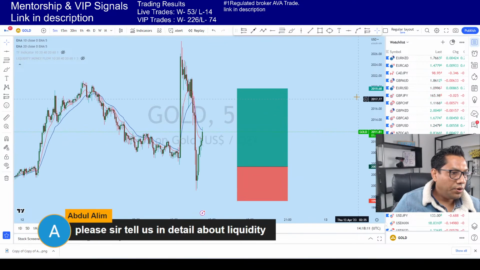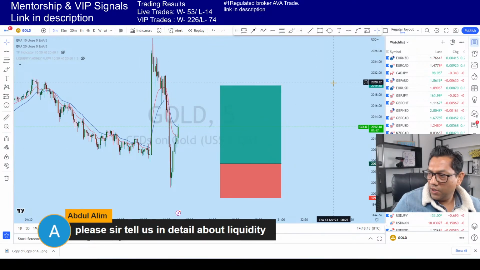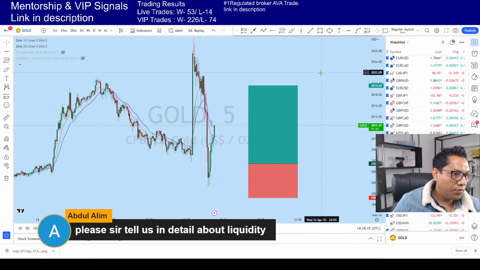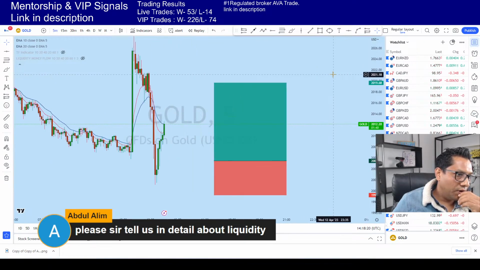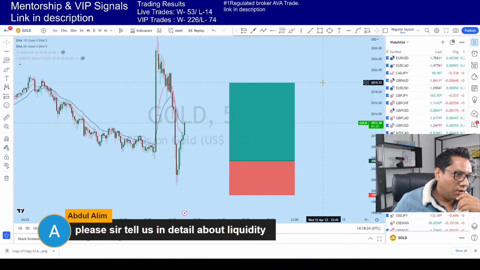This is purely a liquidity grab and manipulation, which is a part of trading. And I had a question early today from you guys to explain manipulation or liquidity. I'll get to that point.